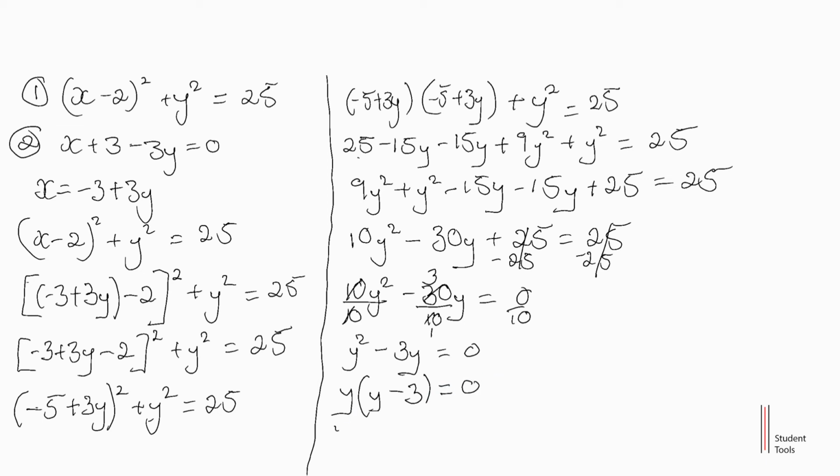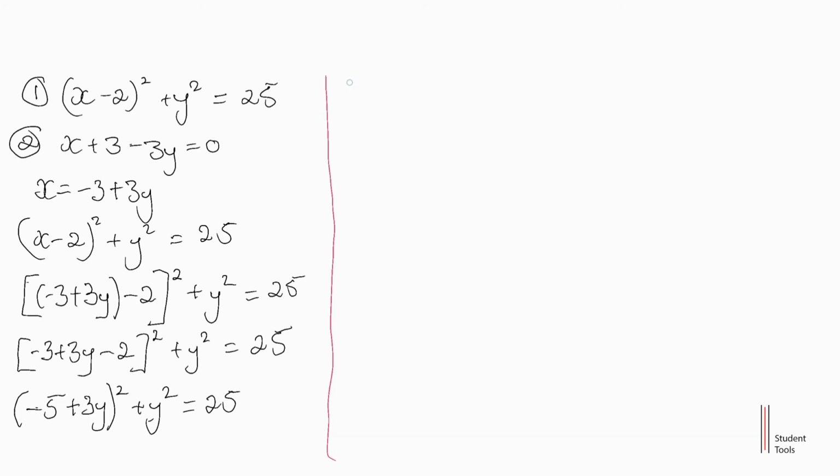Therefore y is equal to 0, or y − 3 is equal to 0, of which y is equal to positive 3 when we make it the subject of the formula. So those are the two values of y in the two coordinates A and B. Now what's left is for us to find the x values of A and B. We found that y is equal to 0, or y is equal to positive 3.